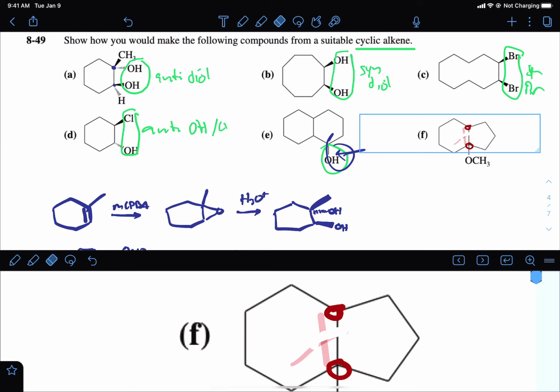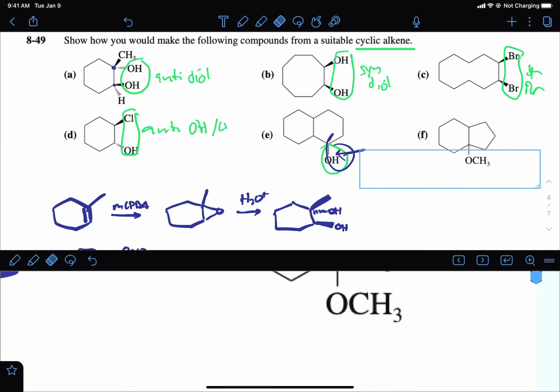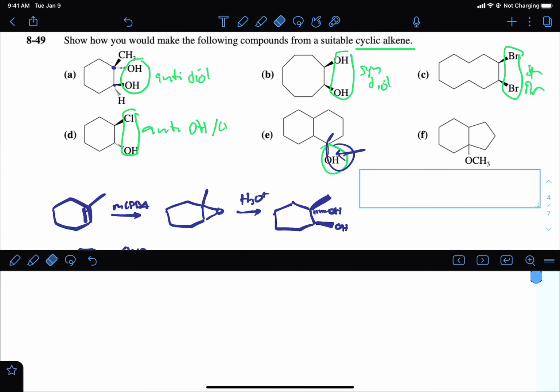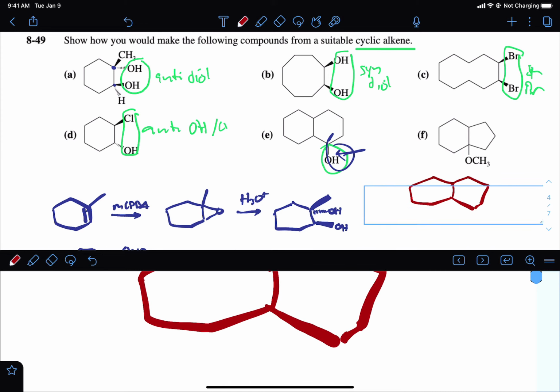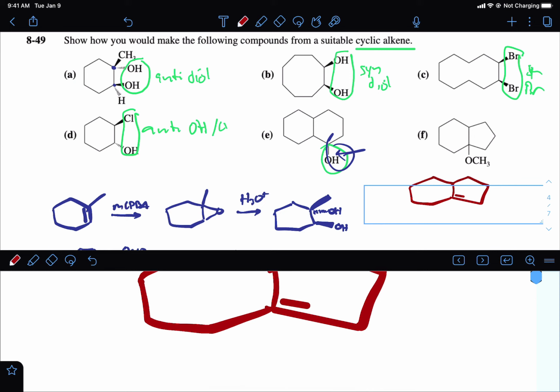So that's not the place that we want our double bond to start. We want to start with an asymmetrical double bond so that we have control over where it goes. So we have control over what side reacts. So we'd probably start like this. Put the double bond there.